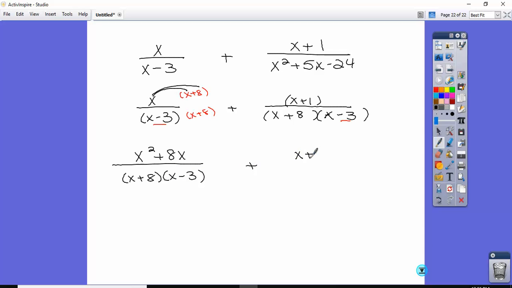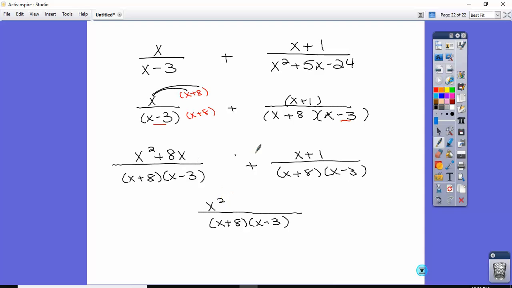This one we have x plus 1 over x plus 8, x minus 3. Denominators are the same, so we can put them together. Add like terms. X squared, that's my only one of those. 8x and 1x would be a 9x plus 1. And that's my final answer.